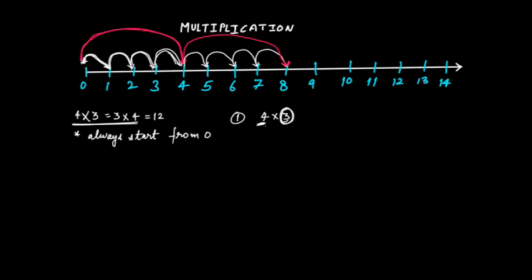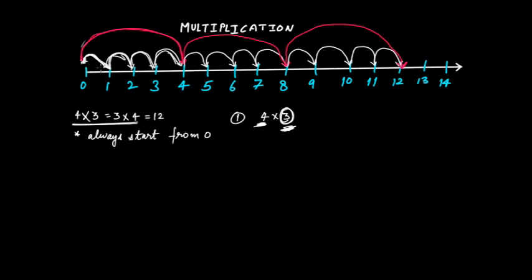Okay. So again, you take 1, and then 2, and then 3, and then 4. And since you had to take 3 times these long jumps, this is a small jump. The small jump will represent this number, and the long jump will represent this number. So this would be the third one, right?